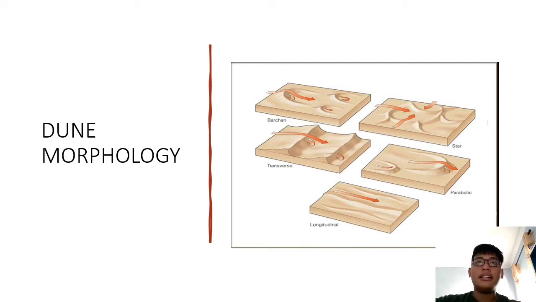The transverse is when the wind flows in one direction and circulates within the bed form. The parabolic is when the airflow goes from lower to higher, and the longitudinal is formed when the wind moves in a parallel direction, which does not cause intersection. So the pattern is much more consistent.